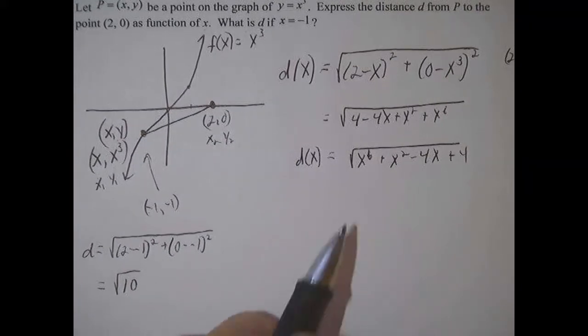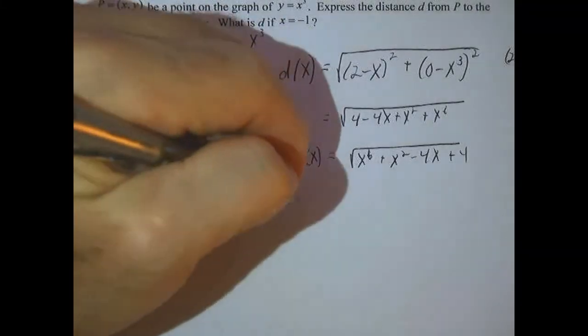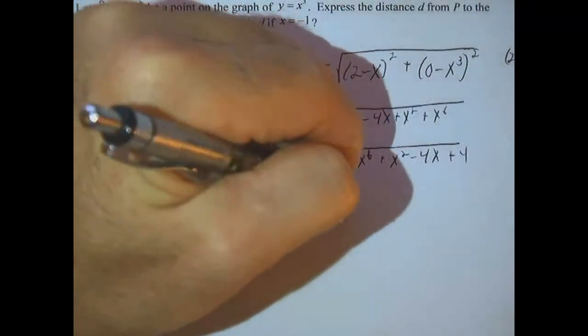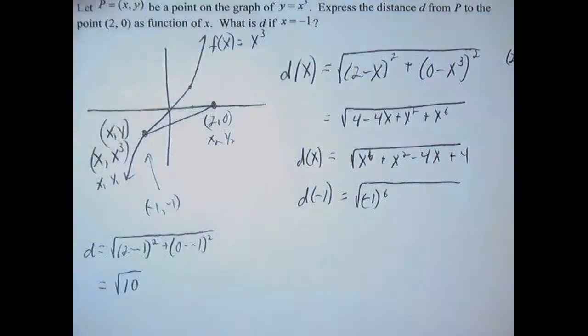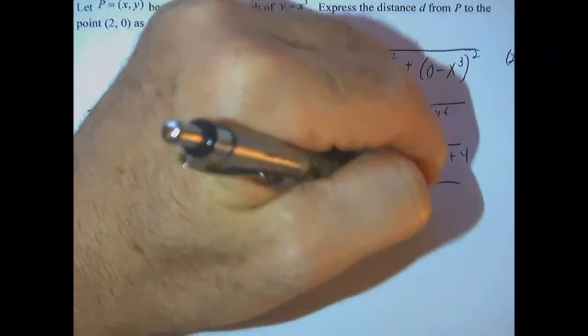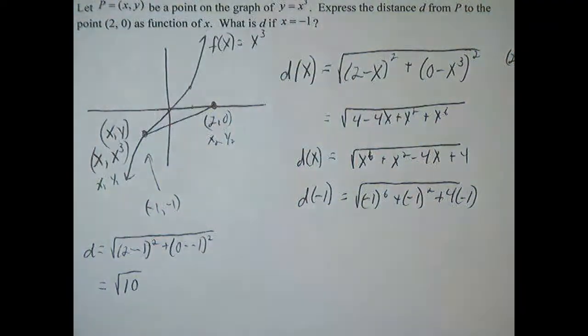Now let's try it in our new function. So d of -1 would give us the square root of (-1) to the 6th plus (-1) squared minus 4 times -1 plus 4. Let's see what we get.